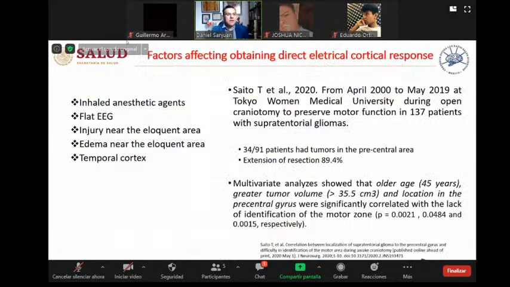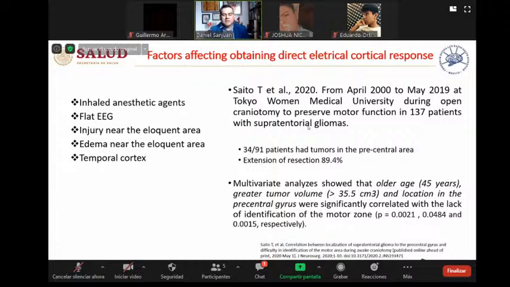So some factors affect the obtained direct electrical cortical response. For example, the use of inhaled anesthetic obtained a flat EEG during the mapping. Like I told you, the injury near the local area, that's possible to avoid sometimes, edema, or the temporal cortex.